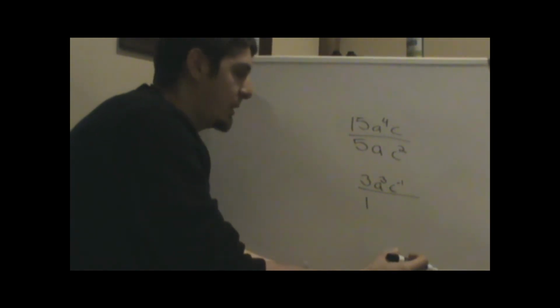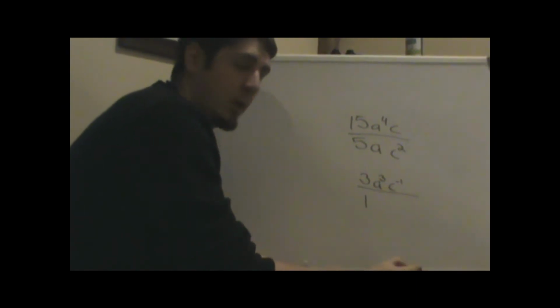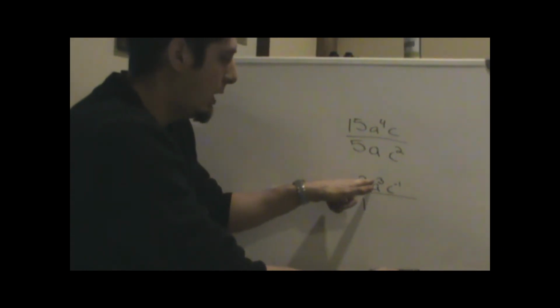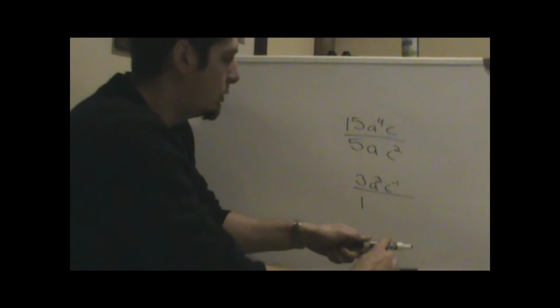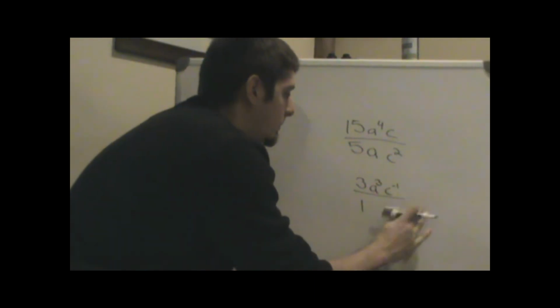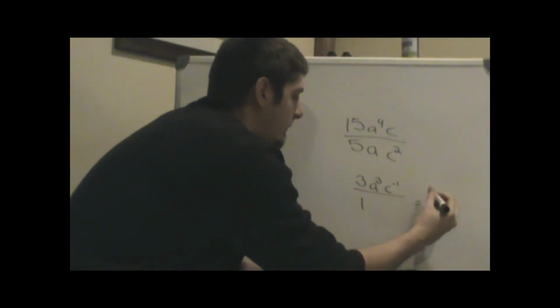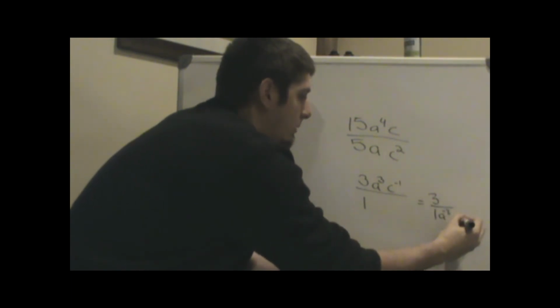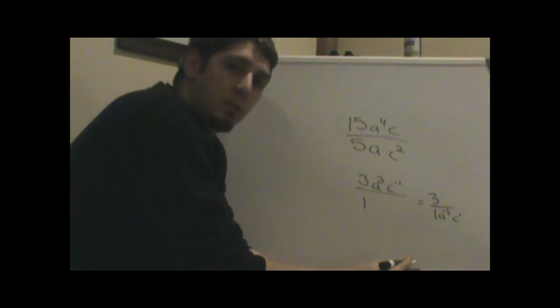And again, just as I explained at the end of the last video, you can move the variables from the top to the bottom, but in doing so, the sign on the exponent flips.